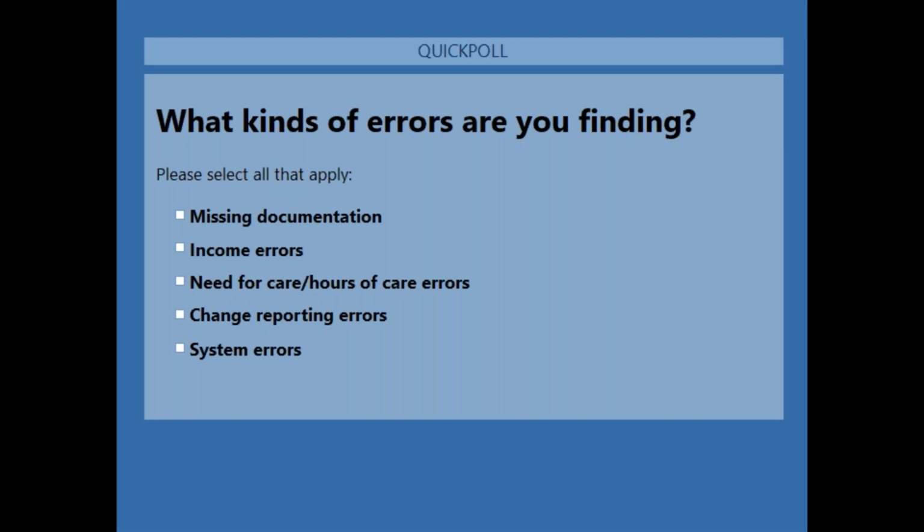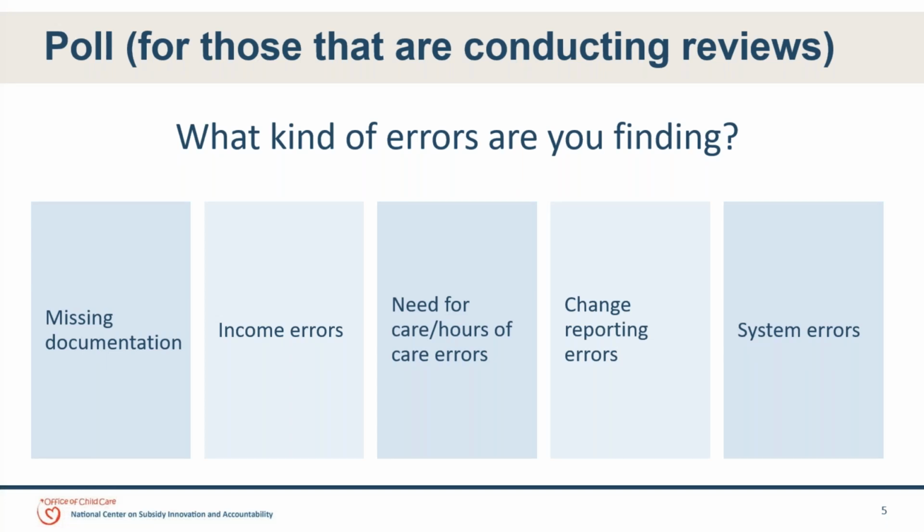And some won't vote because some states haven't started reviews yet, or maybe they're not the ones conducting reviews. So yeah, we're at 50%, 51, 52. And some folks might be sitting together or from the same state. Yeah, sure. We just got to 53, so I'm going to close it now.